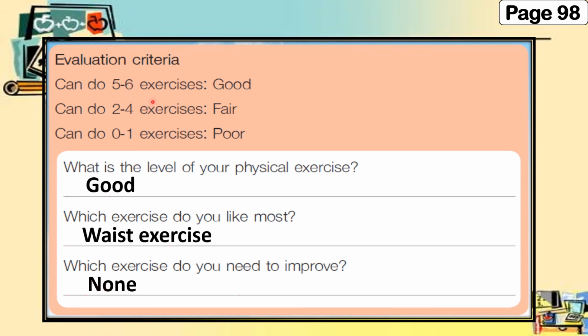But if you can do only 5, you choose one that you cannot do. And then you write here. For example, I cannot do waist exercise. So you write here, waist exercise. But if you can do all, you write none.